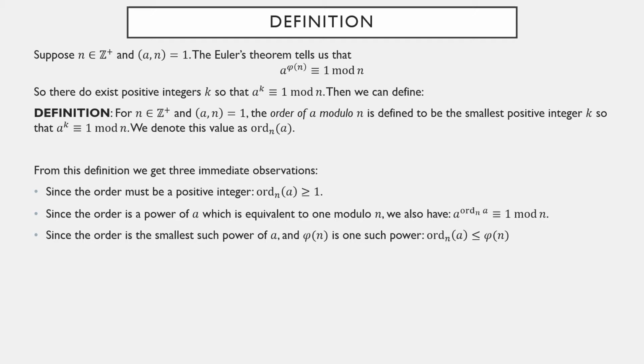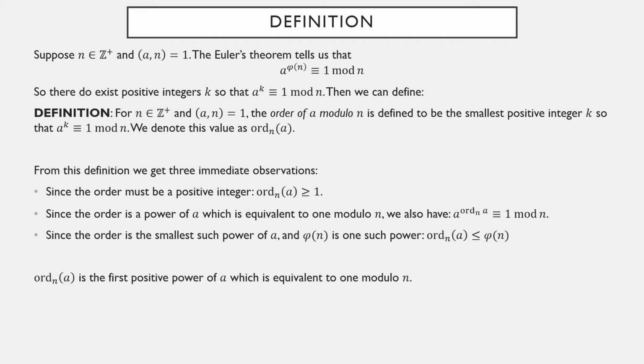And finally, the order is the smallest power of a that you can raise a to and be equivalent to 1 mod n. Therefore, it can't be any larger than phi of n, because we already know a to the phi of n will be equivalent to 1 mod n. So it's a positive integer, somewhere in between 1 and phi of n, possibly equal to one of those two things.